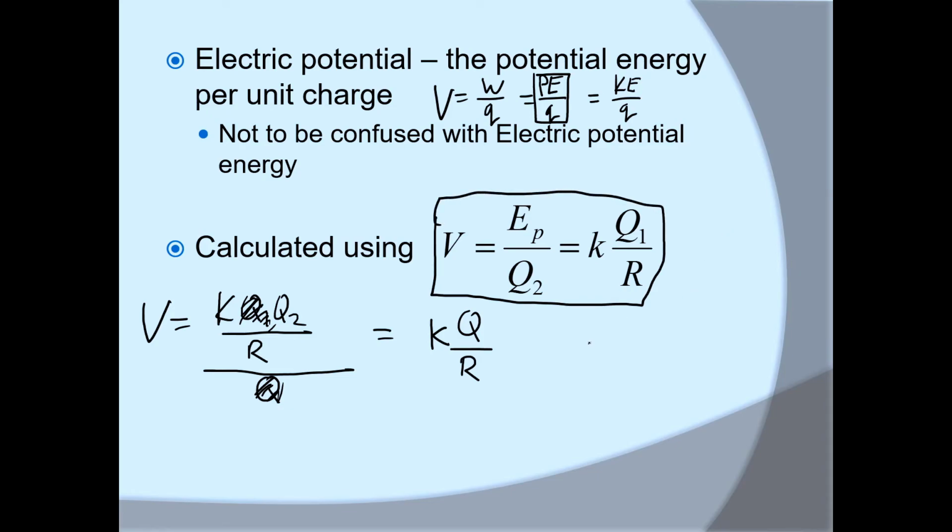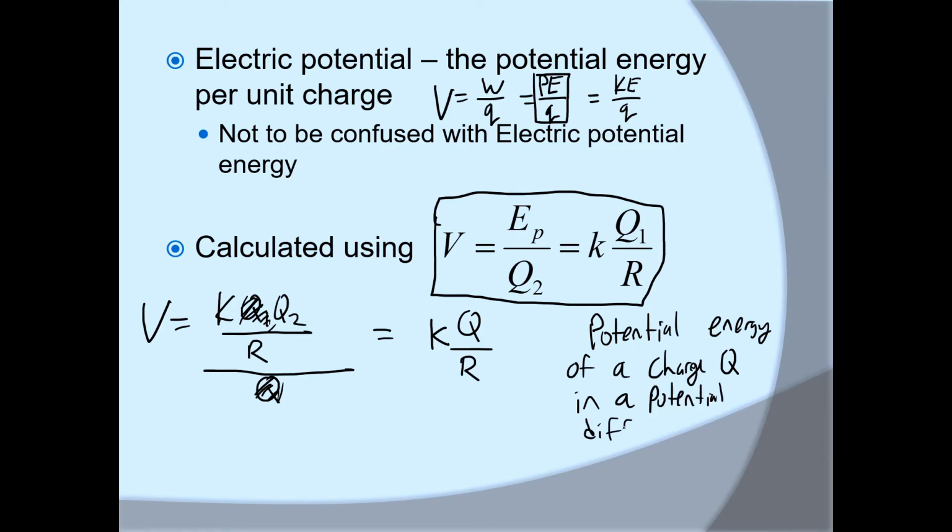So this equation here describes the potential energy of a charge Q in the potential difference. Usually that potential difference will be caused by an electric field, actually no, it'll always be caused by an electric field.